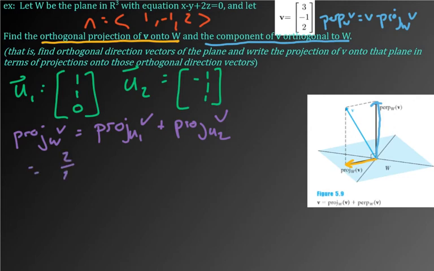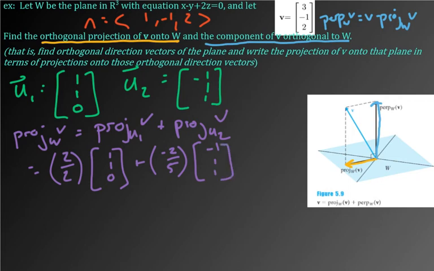The scalar on this first projection is 1, you get 2 over 2. You know how to do projections at this point. And then this one should be negative 2/5, and then you got this basis vector. And then you would get 5/3, 1/3, negative 2/3. I think I did my math right.